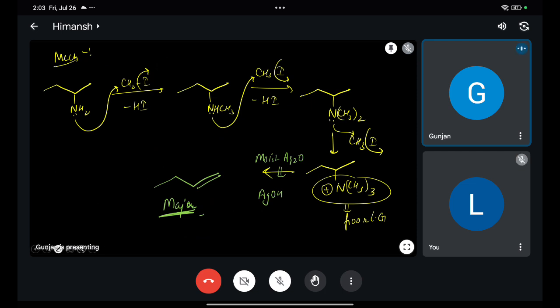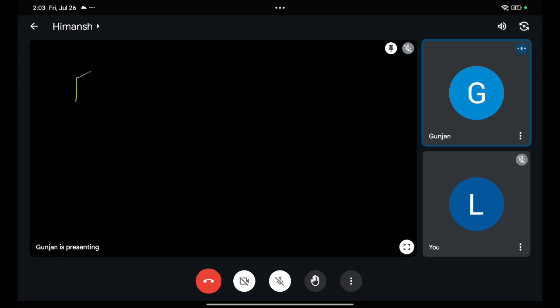If we are having, let's say, this type of structure, and we are again providing the same thing, methyl iodide, moist Ag2O, and heat. We are now getting this nitrogen again and again attacking over here, right?